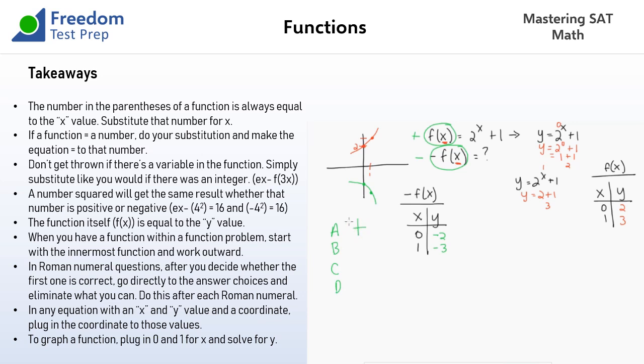You'd have like that and that. And this would be the right one, like that. Say C is the answer. And then you might have something like that. Right? But if you just graph it out, you'll be fine.